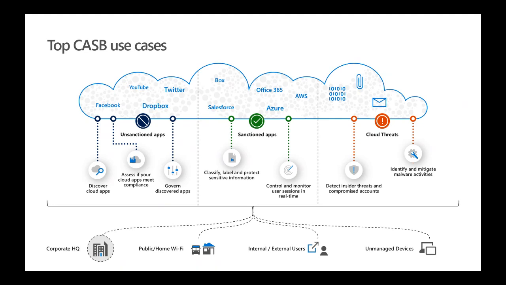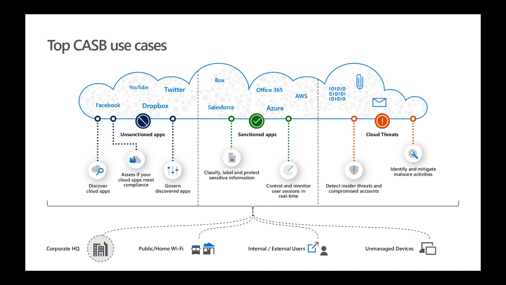One is for the sanctioned applications in your environment. What does a CASB enable you to do by giving you deep monitoring and controls there? And then the third one is across all your cloud landscape, so unsanctioned and sanctioned applications, there's a bunch of different cloud threats, and CASBs need to be able to capture those cloud threats regardless of how they come in, and help you to be able to deal with those and understand what kind of risks are present in your environment.